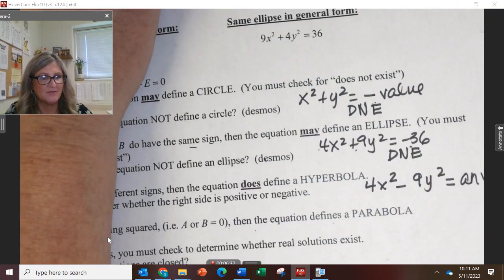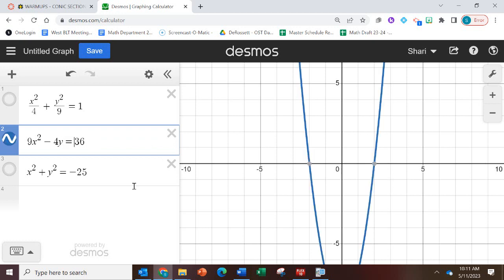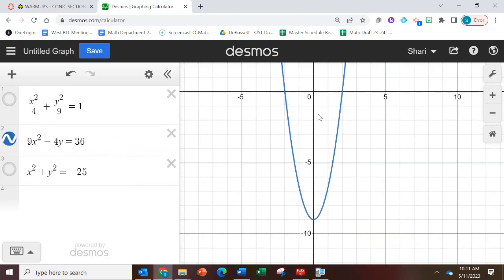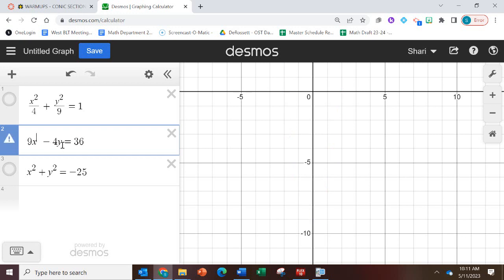Here's what's happening with that. Let me go back here. The same problem. I'm going to make it so that only x is getting squared and not the y. See how that gives us the parabola? Only x is getting squared, not the y. That's a parabola. Let me switch it up. Get rid of that.